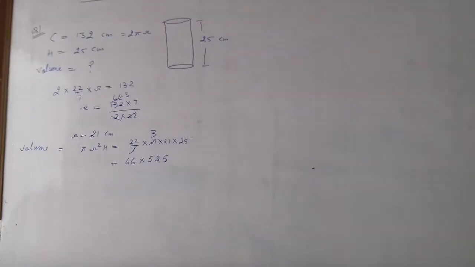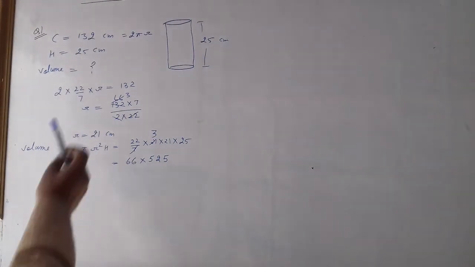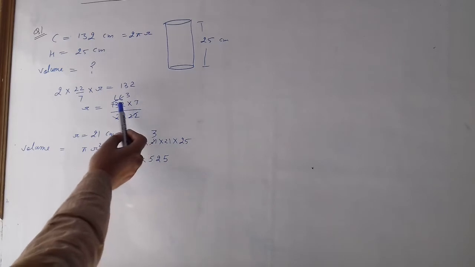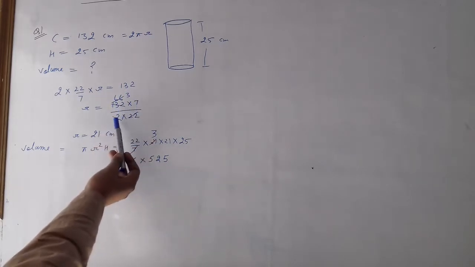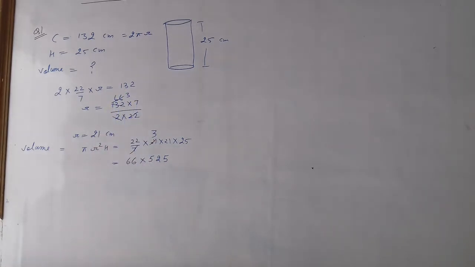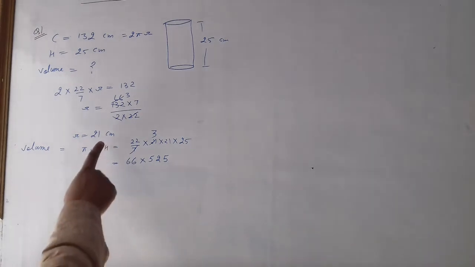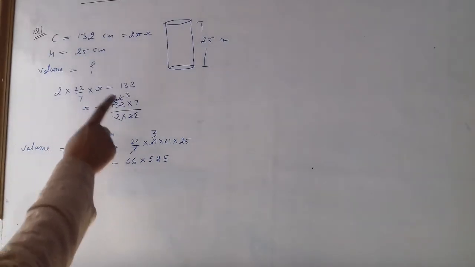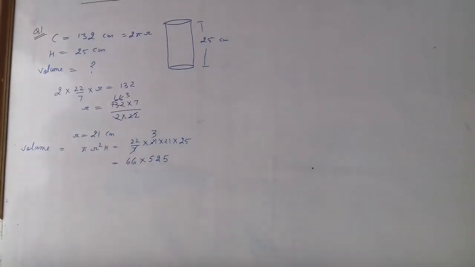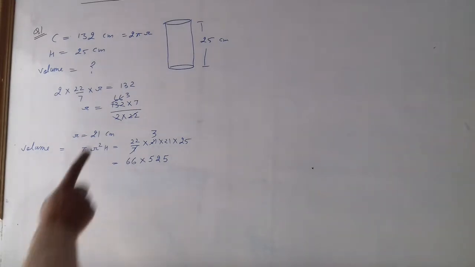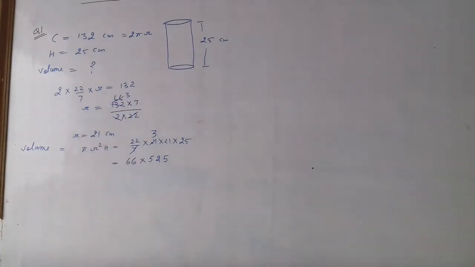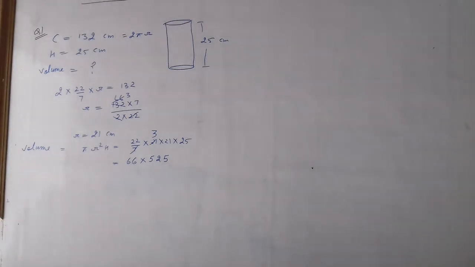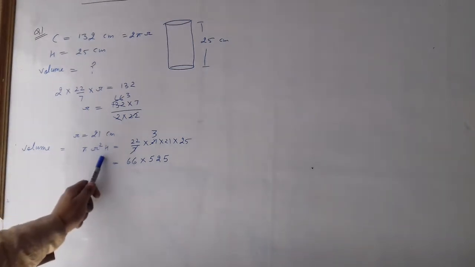Change these values 2 and 22 upon 7 to the other side: 132 into 7 upon 2 into 22. Now cancel 2 into 132, it will become 66, 22 into 66, it is 3. Now 3 times 7 is 21. This is the radius.